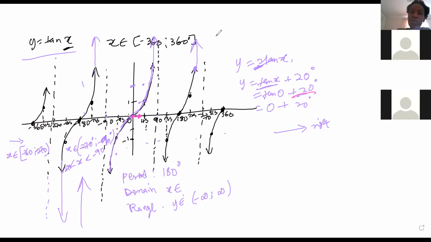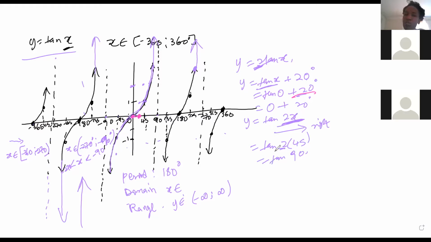Then the last one was this one, tan 2x. We said this thing changes your period. So you see now, instead of tan 45, you're gonna have 2 times 45. Now it's gonna be tan 90. Once you have this, it changes your period.